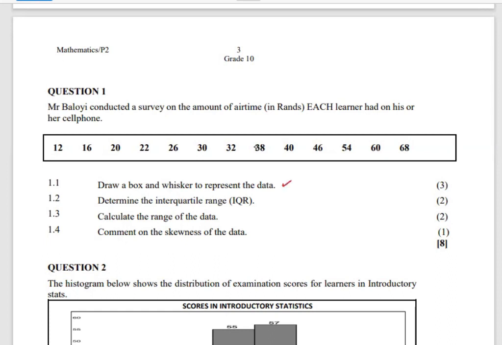Now, one thing we know about a box and whisker is that it represents 5 numbers: the minimum, the maximum, the Q1, the Q2, as well as the Q3. Before we even start, we need to look for the Q2.